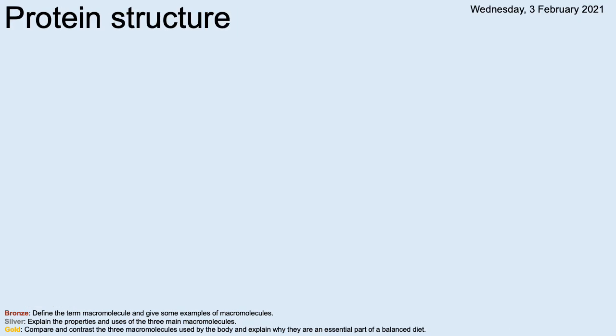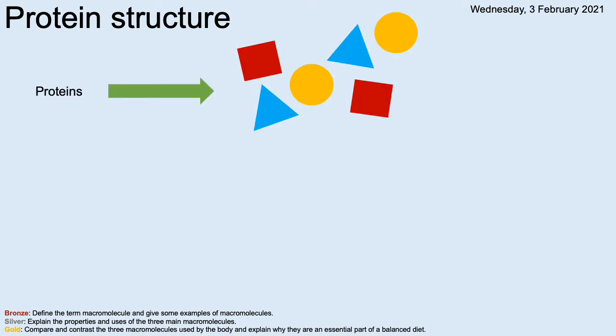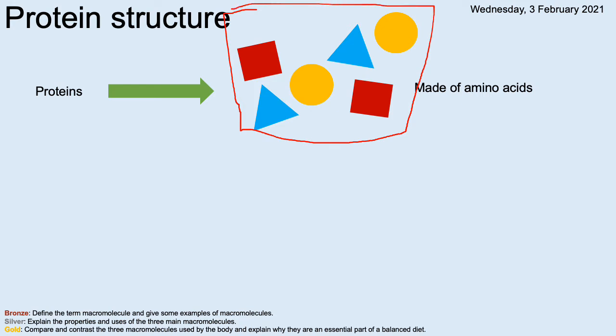So protein structure then. Proteins are made out of amino acids. So I've depicted amino acids here. These are different amino acids depending on the shape of them. So the squares are the same amino acid, the circles are the same, and the triangles are the same, just to make it easier and more simple for the lesson.